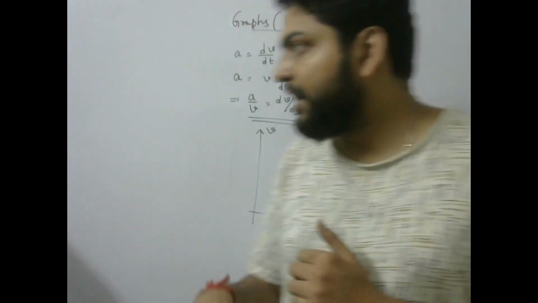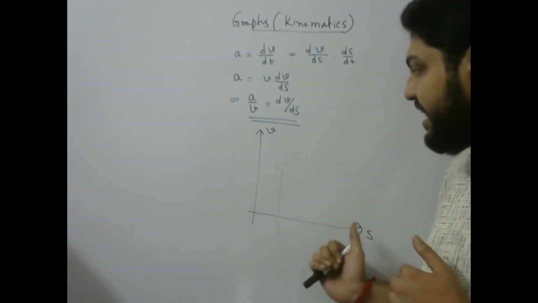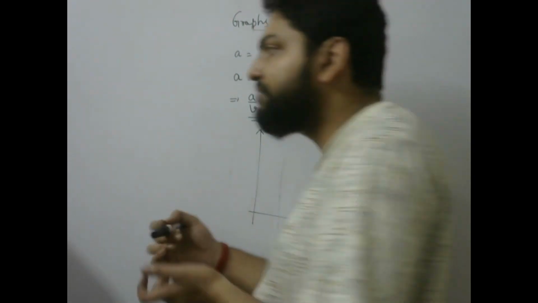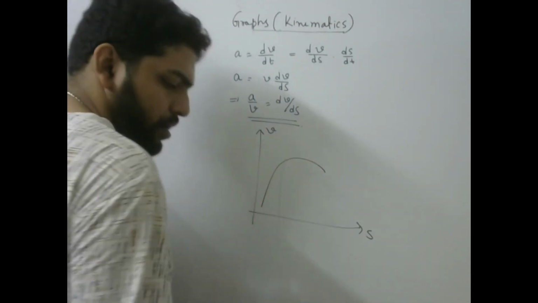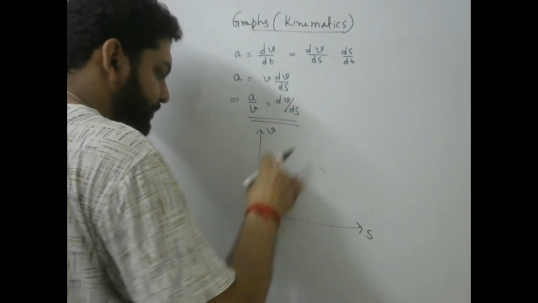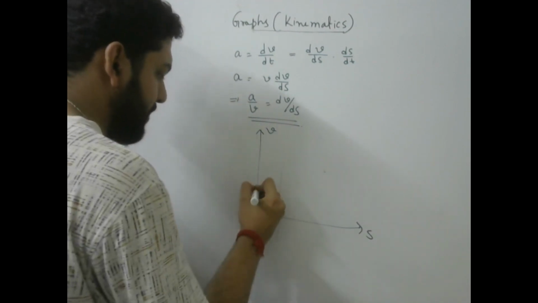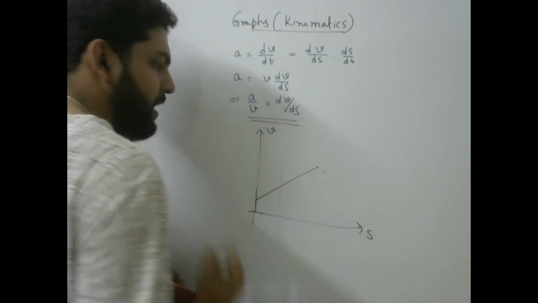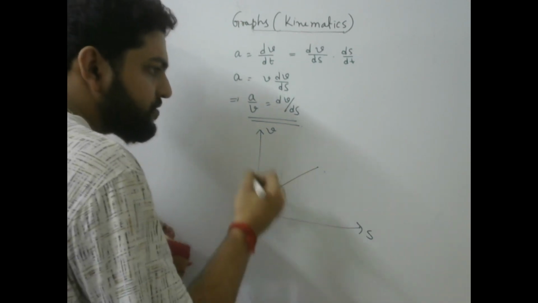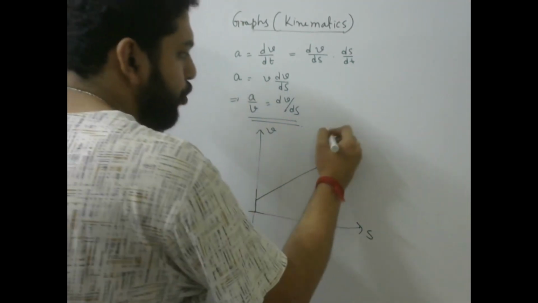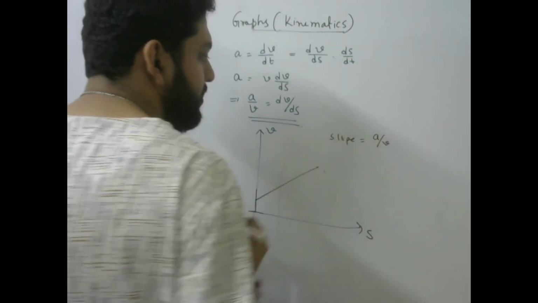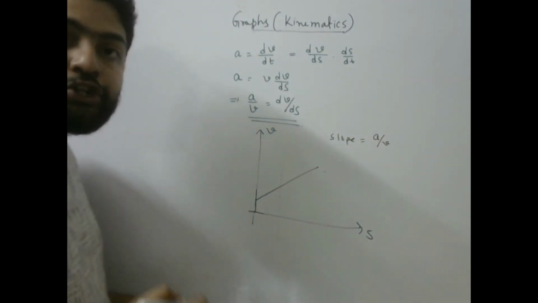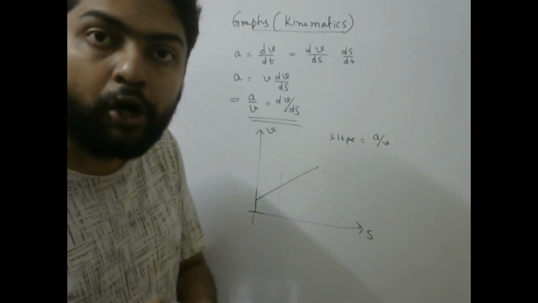Okay, so here you can see it is a v versus s graph. Whatever the graph is, maybe it looks like this, or maybe it is a straight line. What does the slope give you? The slope of this graph gives you a by v, the ratio of the acceleration to the velocity at that point.